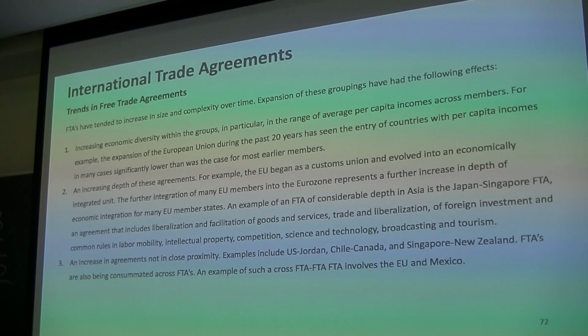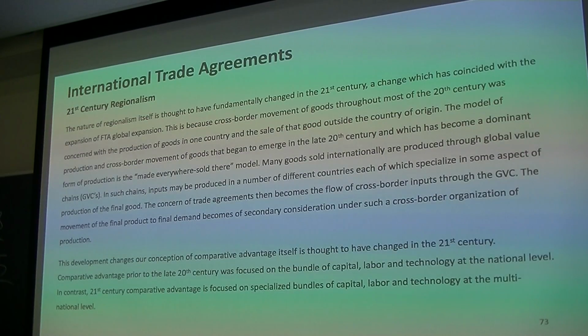And as we know, we've had the efforts to have the trade agreement between the Pacific region countries. That interestingly did not include China.